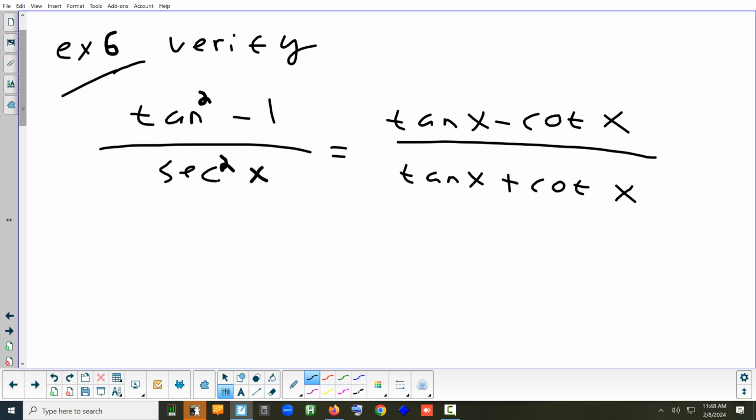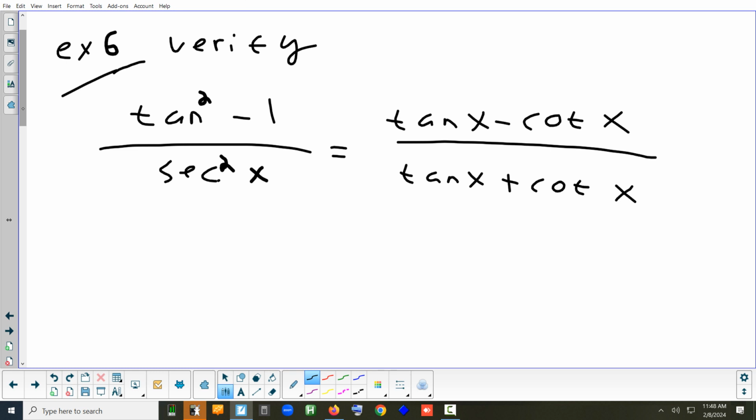Okay, so we can choose which side we want to try to work with. Any thoughts on which side we want to work with? Do you want to work with the left or the right?